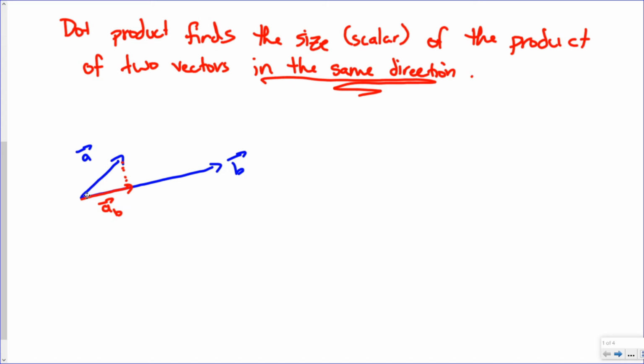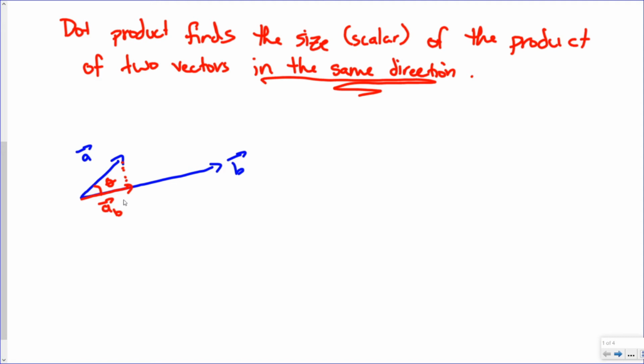We can break up this other vector into a component that's going the same direction as B. The angle between them here we would just call theta. It could be anything right now. That looks like I've drawn probably about a 30-degree angle, maybe a 40-degree angle.